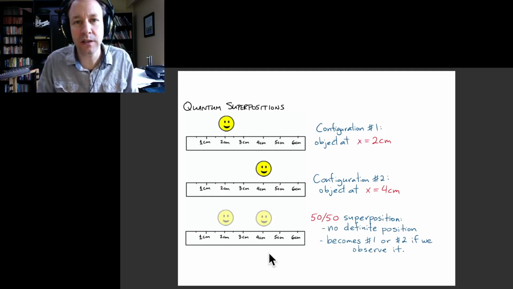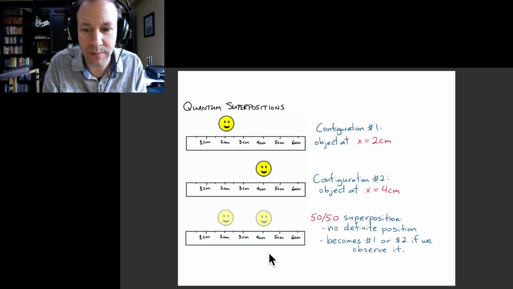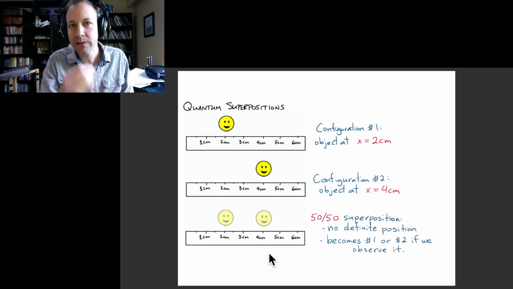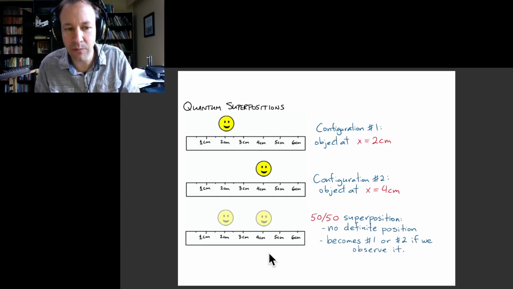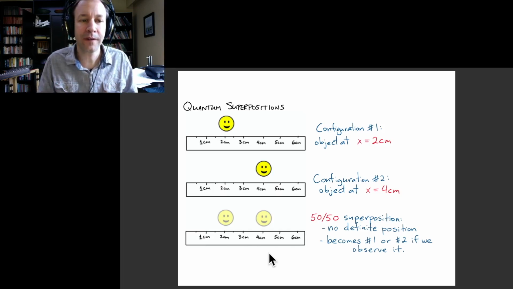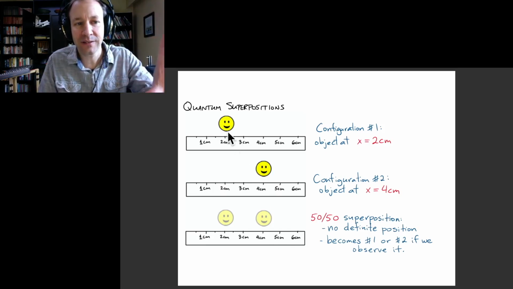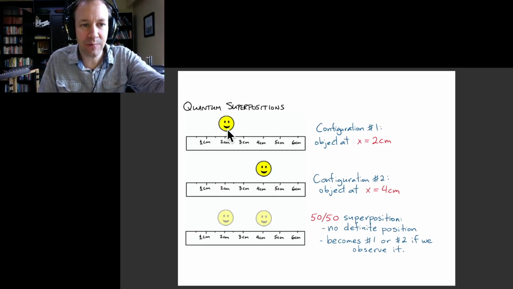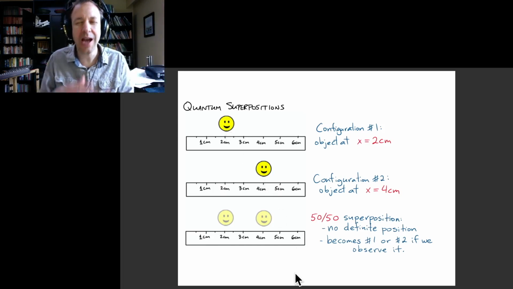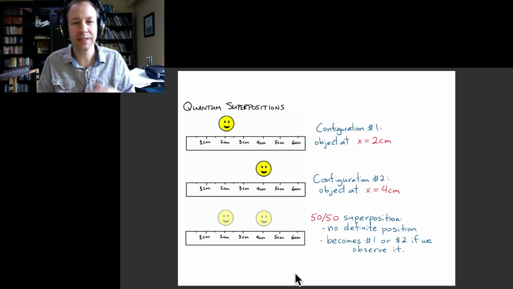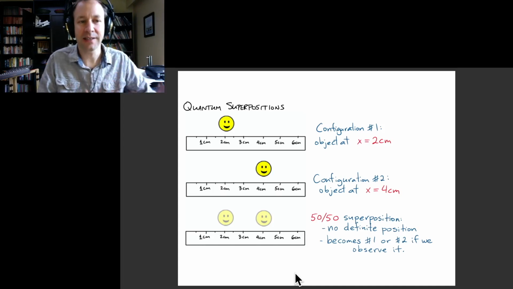We could still go in and measure the location of the object. And if we do go in and measure or observe it by interacting with it in some way, what we'll find is that either the object ends up at position 2 centimeters or position 4 centimeters. So when we actually go and observe it, we get something which is like an expected result.